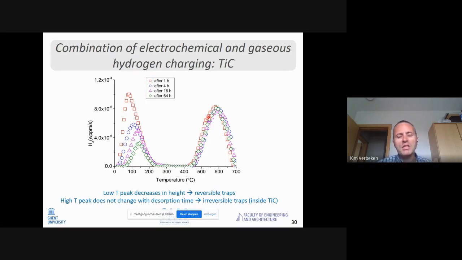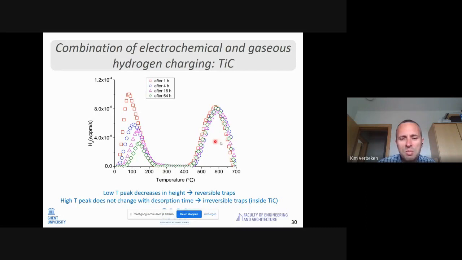And they actually showed with their calculations, and this actually nicely confirmed our results, that when we do the high temperature gaseous charging, because of the high temperature, you have more additional vacancies in your titanium carbides. So you have additional carbon vacancies because of the high temperature, and these carbon vacancies get filled with hydrogen.